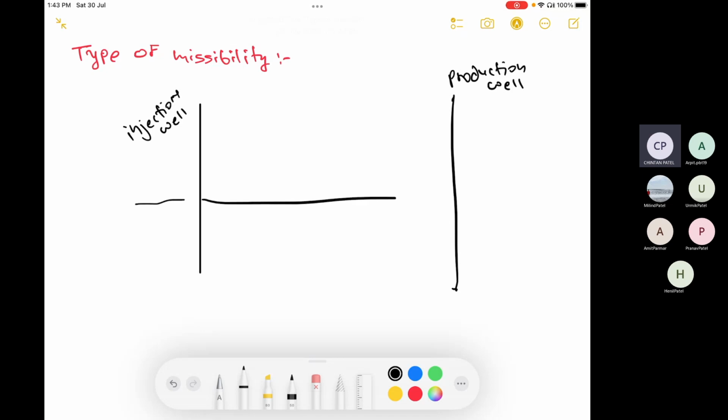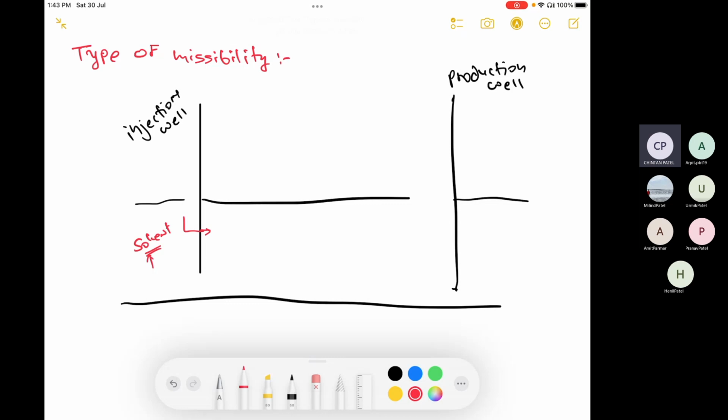And this is my oil zone where I'm injecting this solvent. Solvent means gas only, which I want to inject.